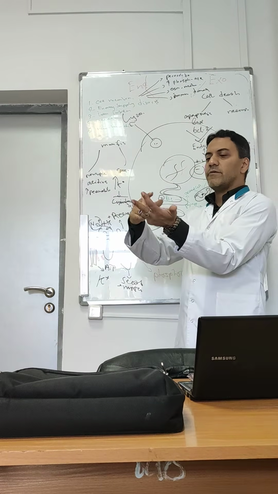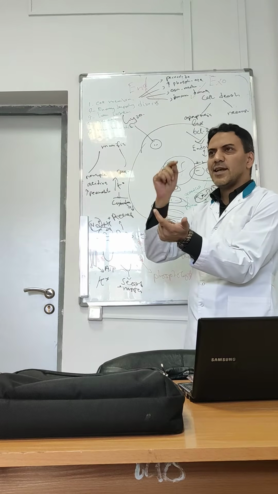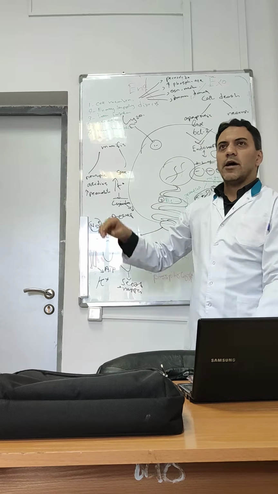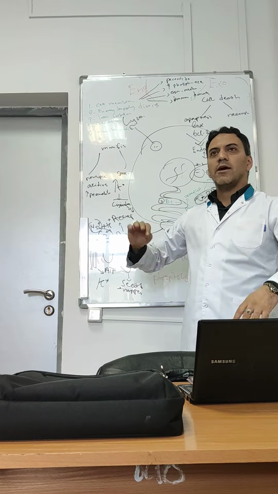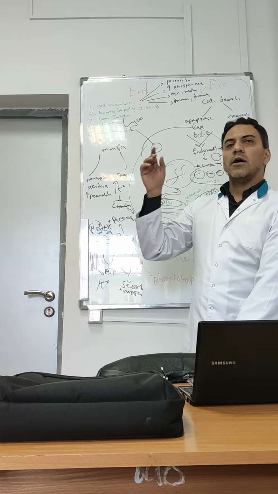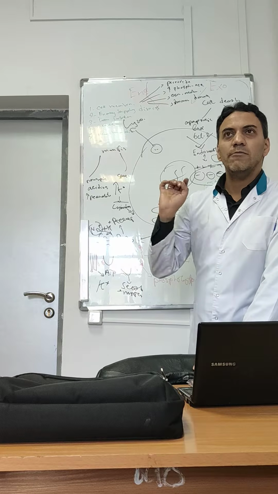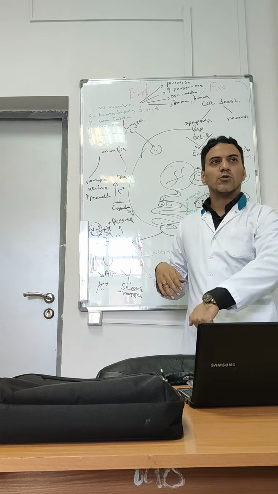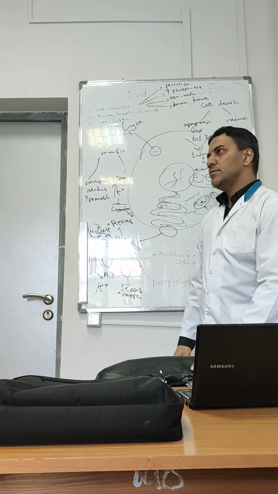For example, hypervitaminosis D, radiation, stress, hyperglucocorticosteroidemia, when we have a lot of cortisol, it also causes it. Hyperadrenalinemia, hypercatecholaminemia, a lot of adrenaline also causes it, and so on.